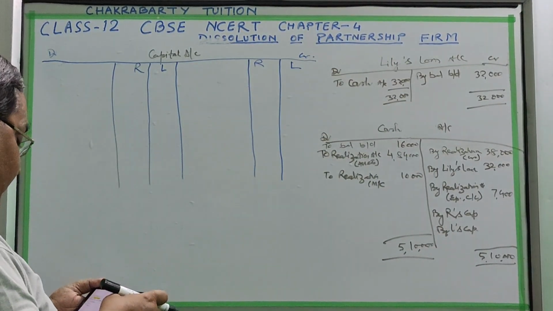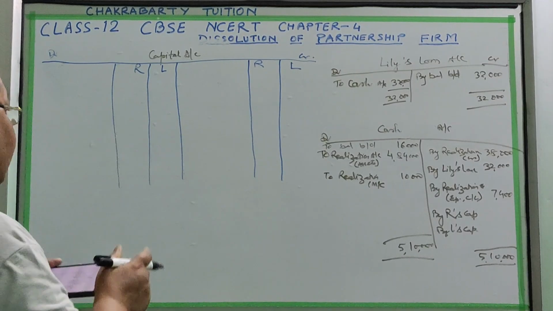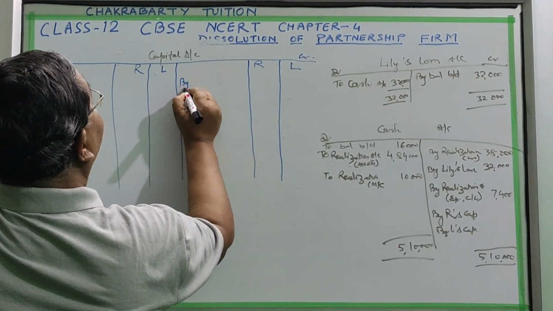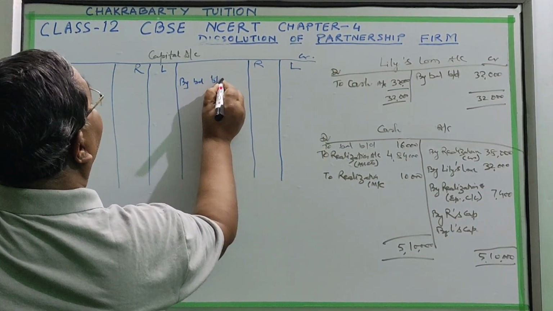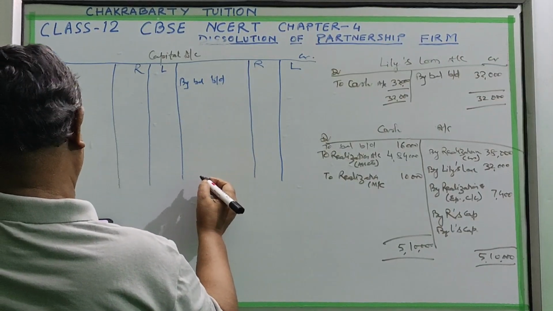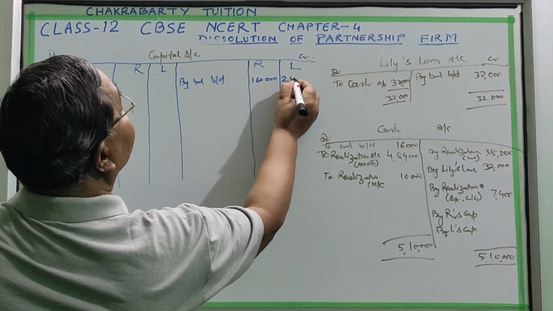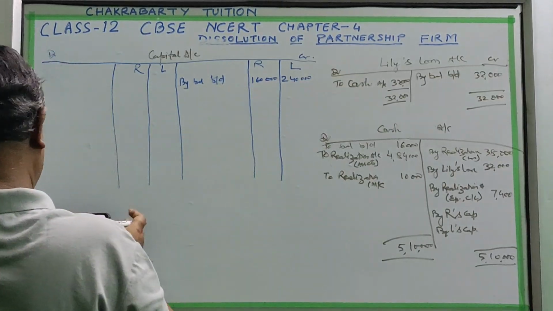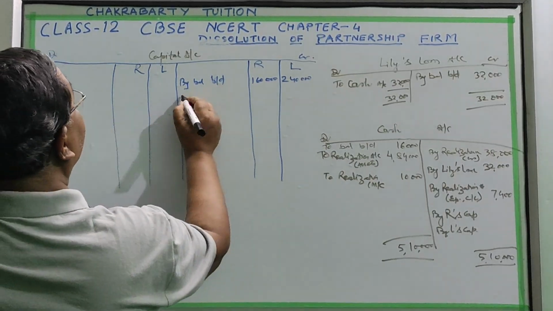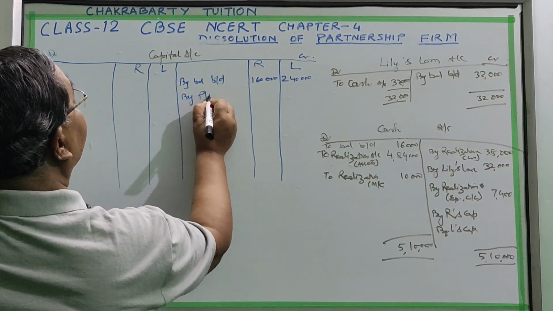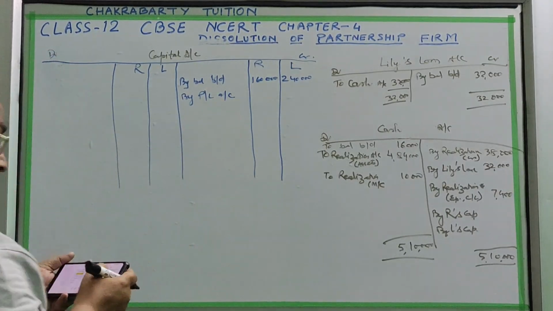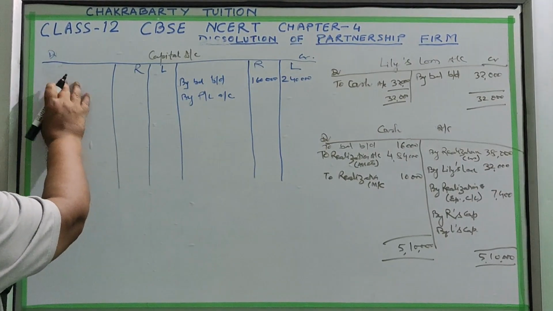So we will write first their balance. Credit balance, by balance brought down, is 1,60,000 and 2,40,000. Then PL account is here, so it will come here by PL account. If PL account is in the debit side, then it will come this side.